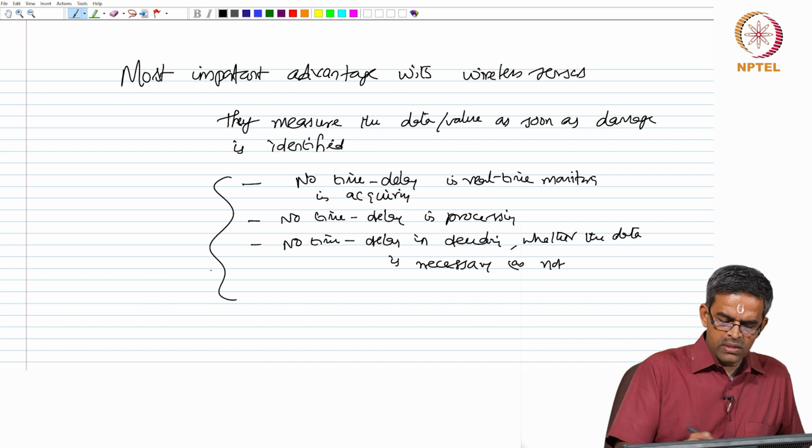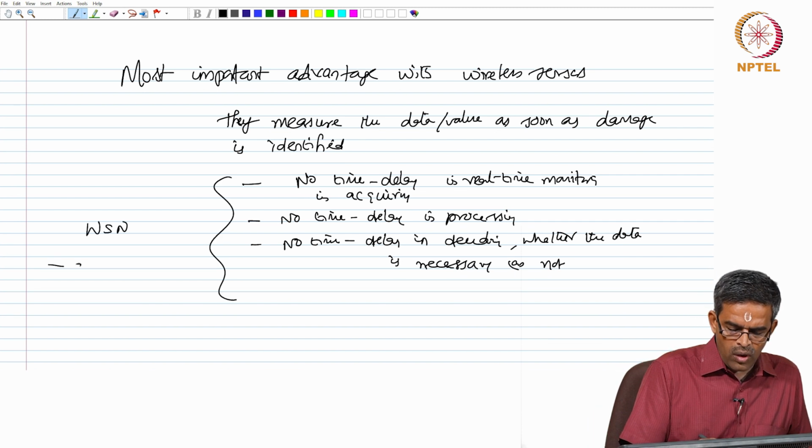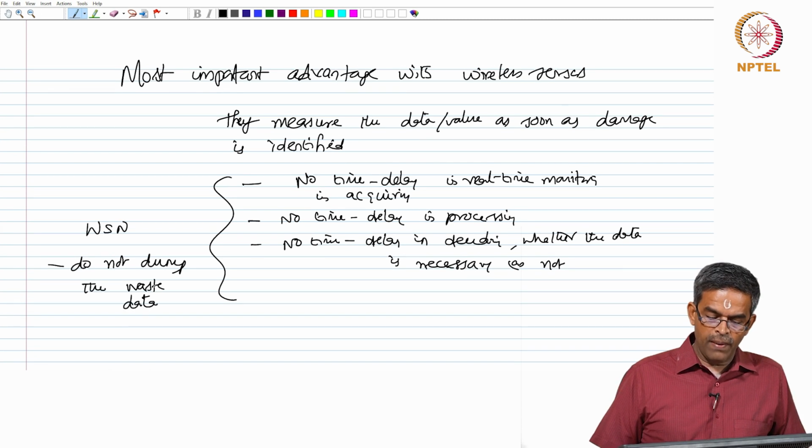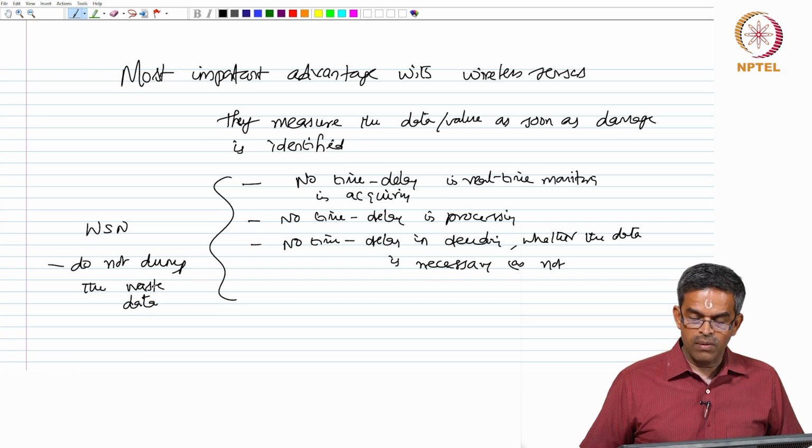So, wireless sensor networking does not dump the waste data. They only communicate the most important, sensible data.